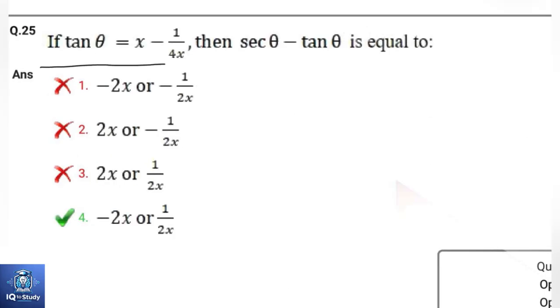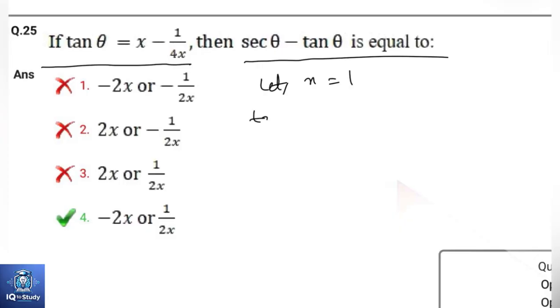If tan theta is equal to x minus 1 by 4x, then secant theta minus tan theta is equal to. Let us take x is equal to 1. Let's try from simple values. Then the given equation becomes tan theta is equal to 1 minus 1 by 4 into 1, which is equal to 3 by 4.